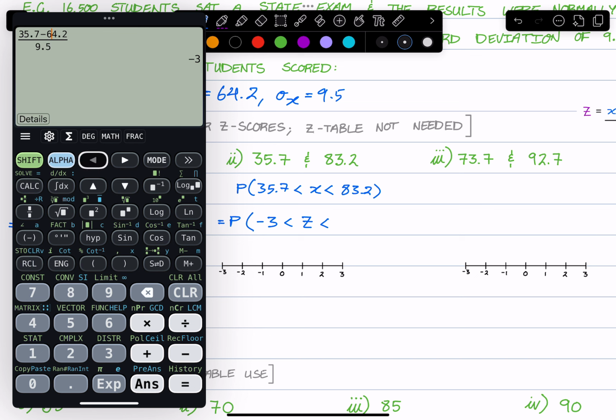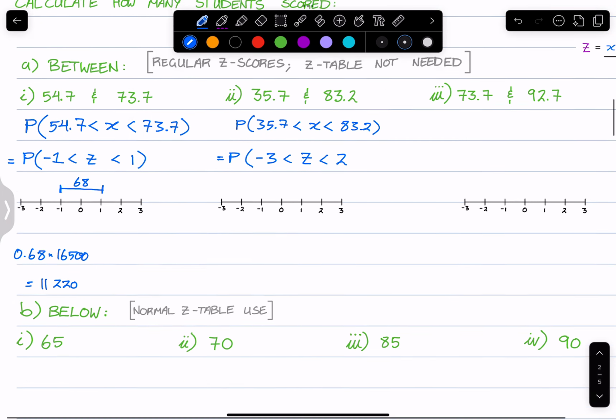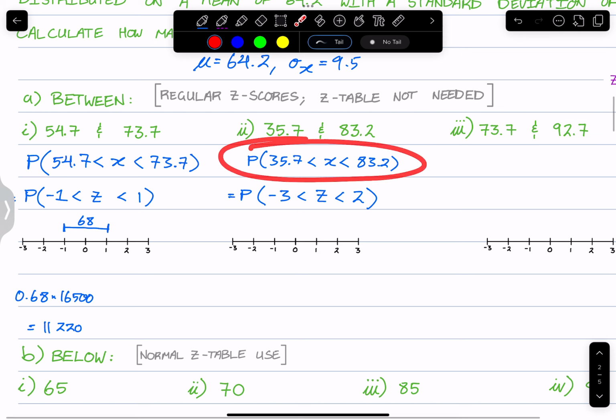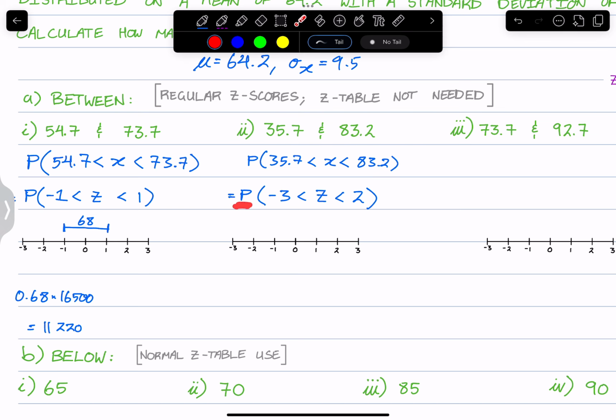And 83.2 is 2. So notice how we're really changing this notation into the percentage of Z-scores between -3 and +2.